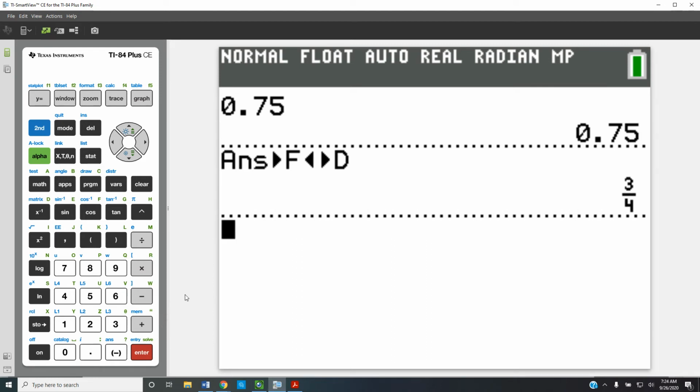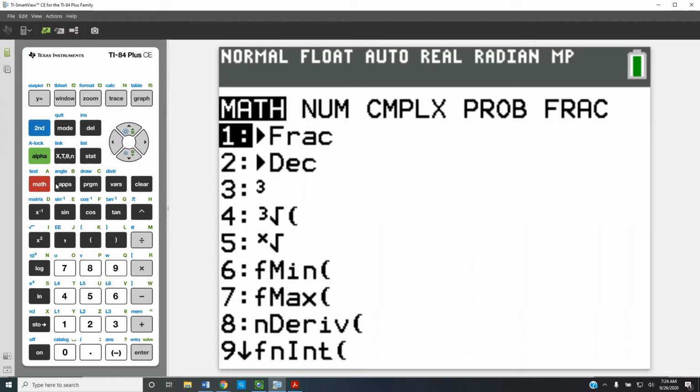There's another place to do that. Let's say I simply enter a decimal, 0.275, and I automatically know I want this decimal to be a fraction. Well, I can go back to where I was, or I can go to the math button, which I kind of like. The math button has two choices.